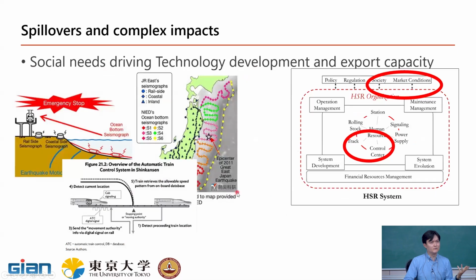Spillovers, technology spillovers. In Japan, earthquakes are just part of life. It's a problem that we need to always be careful about and always be trying to mitigate. So that actually creates technology development that spills over into other societal realms and also defines the market conditions for the Japanese companies. So what are the social or market conditions in India?